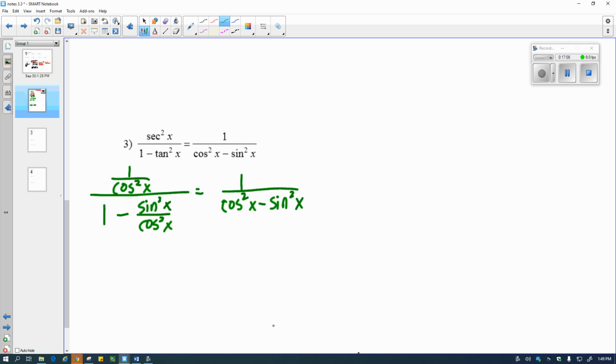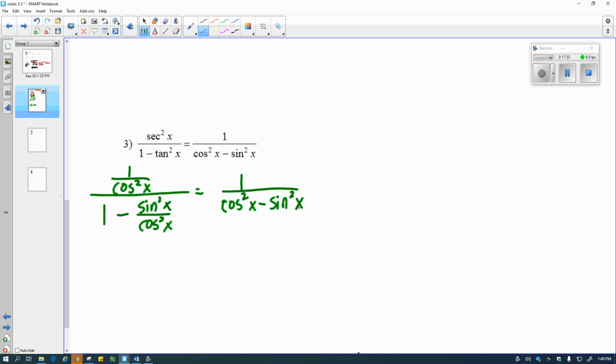Okay? Right. So now I'm thinking of all the different options that I have. And I know when I've got fractions and fractions, and this one's got kind of a lot of stuff going on, I recall from my maybe 7th grade days, proportions. I can cross multiply. I can do cross products.